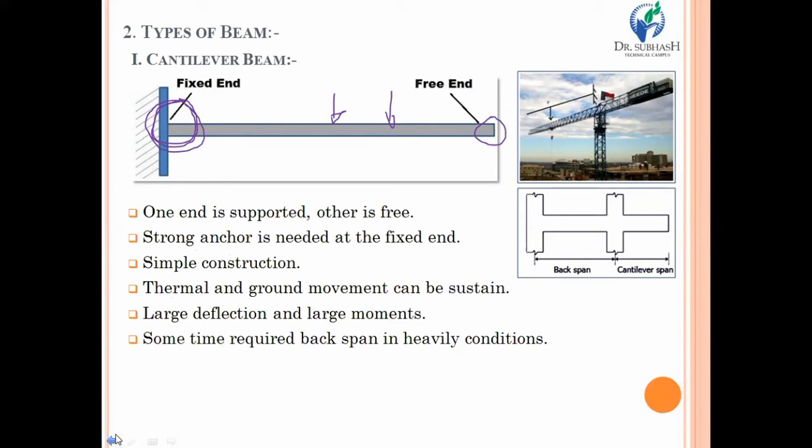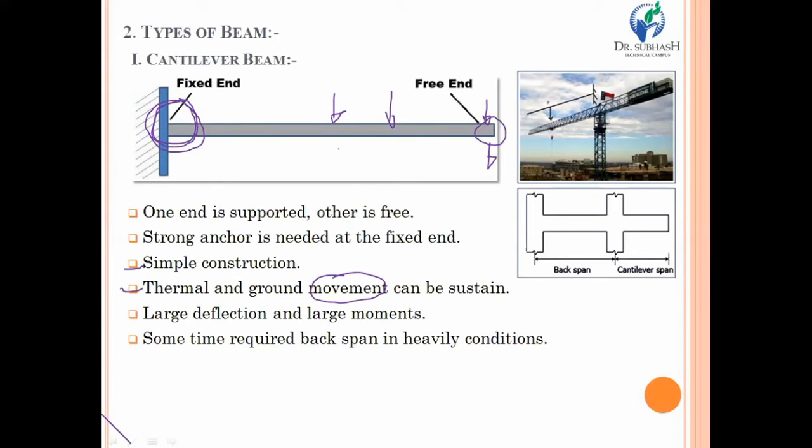Among its advantages, it is very simple in construction, and thermal and ground movement can be easily sustained, because the other end of this beam is free to move. So it allows some flexibility, some linear movement, or whatever the loads acting require.